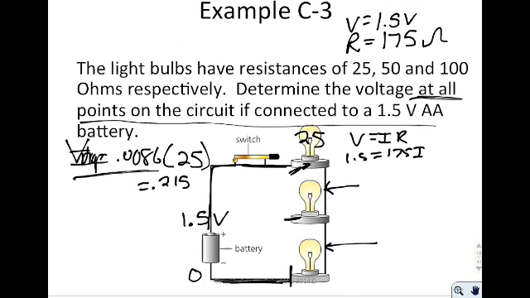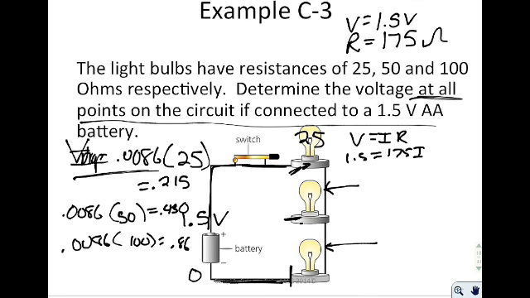Then I do it for the second bulb, which would be 0.0086 again, but this time multiplied by 50. When I do that, I get a value of about 0.430, which you would expect. And then for the last one, you would do 0.0086 times 100, and you would get a value of about 0.86.